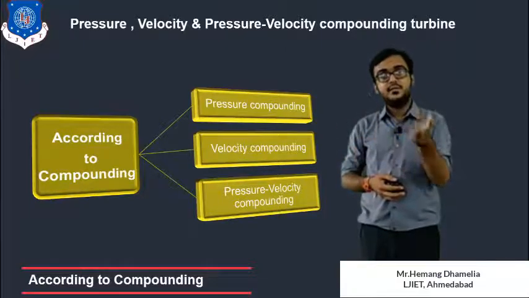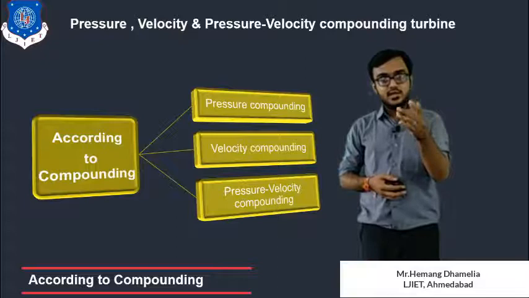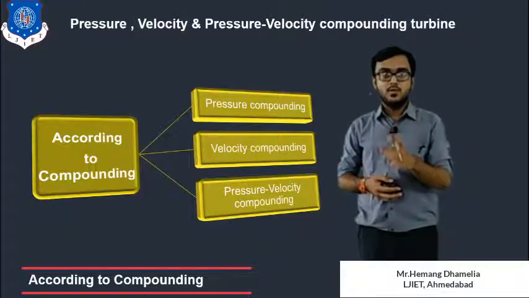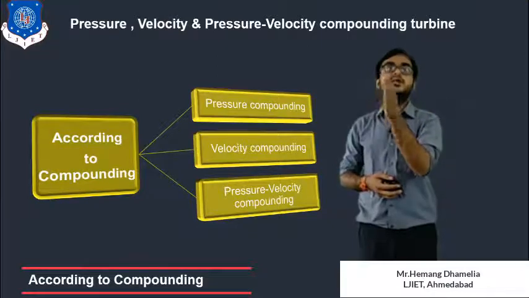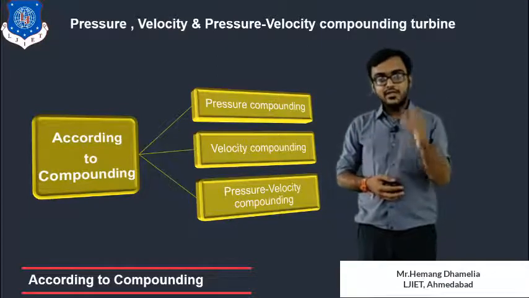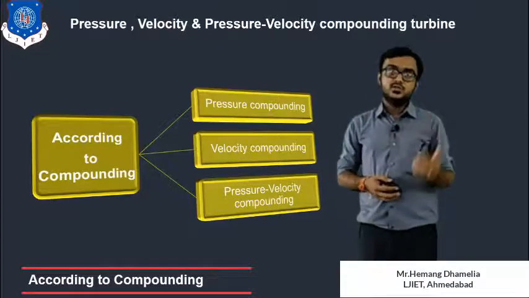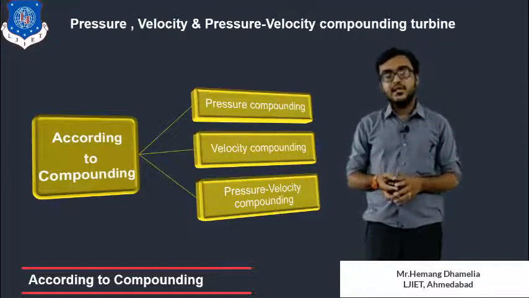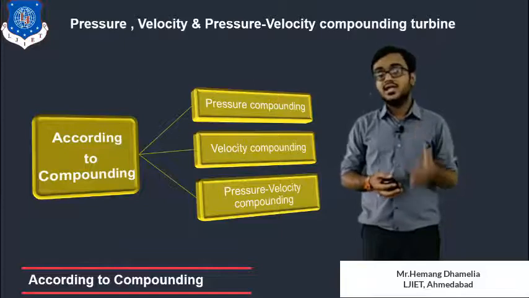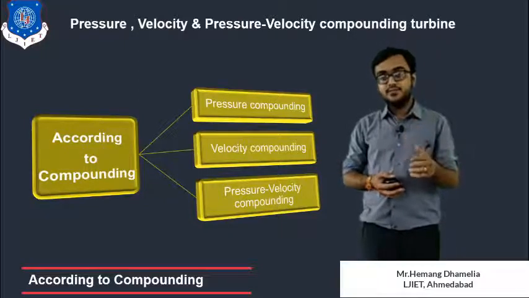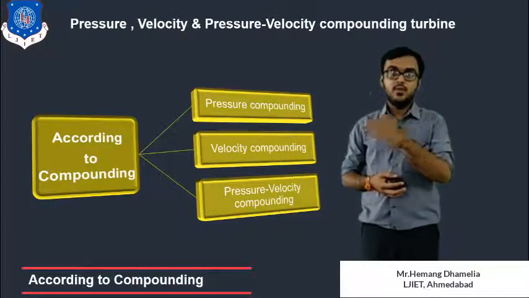Ultimately, pressure velocity compounding is the combination of the two methods discussed above, pressure compounding and velocity compounding. You can say that in pressure velocity compounding we control pressure and velocity simultaneously. So that is all about the classification of steam turbines related to compounding.